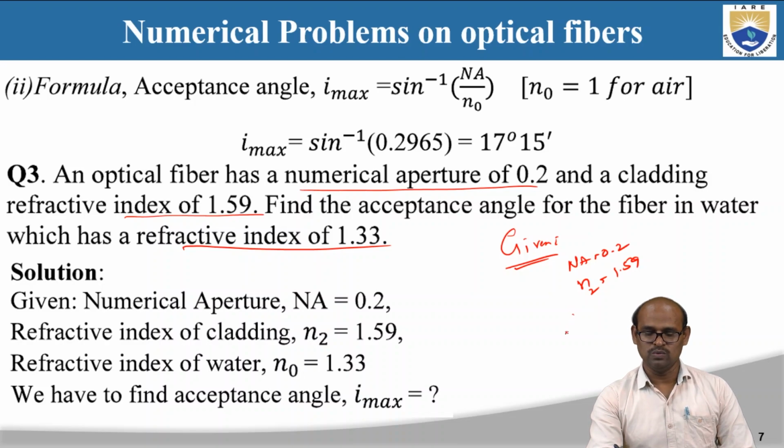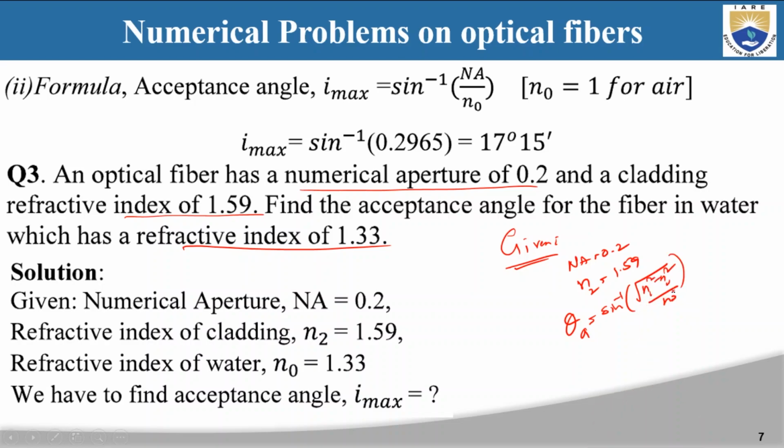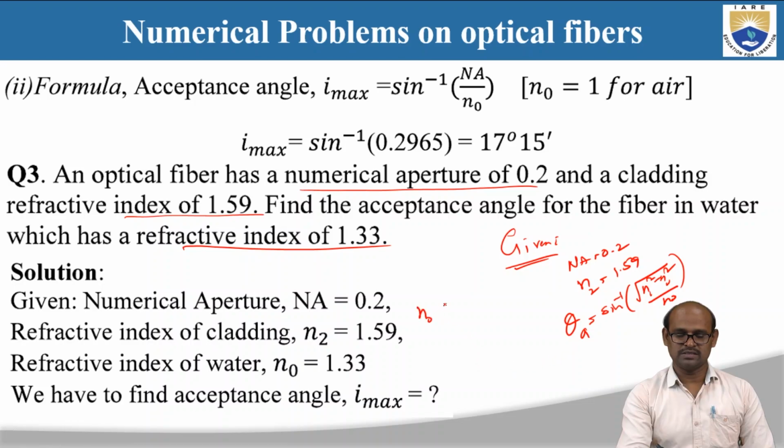So now the acceptance angle formula: theta A is sine inverse of square root of n1 square minus n2 square by n naught, which is our numerical aperture. Now n naught is the refractive index of the launching medium.